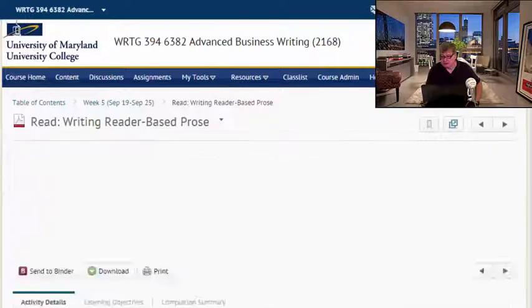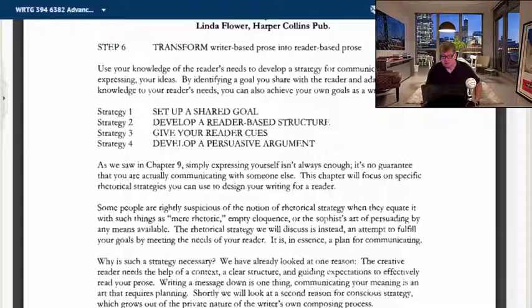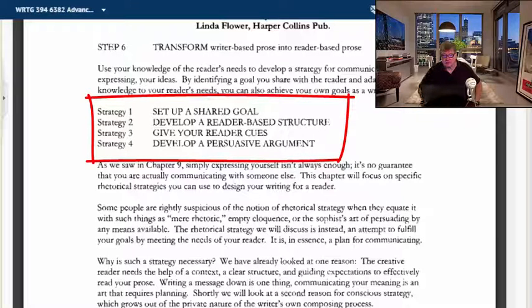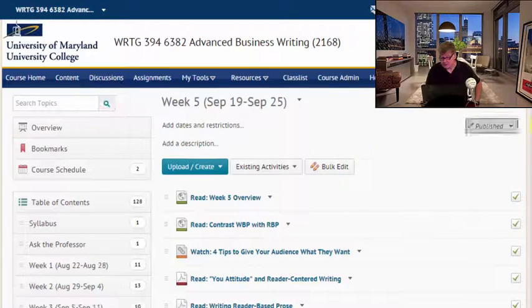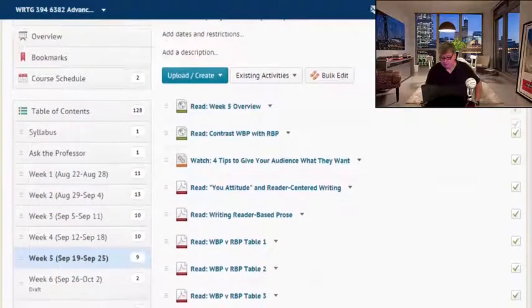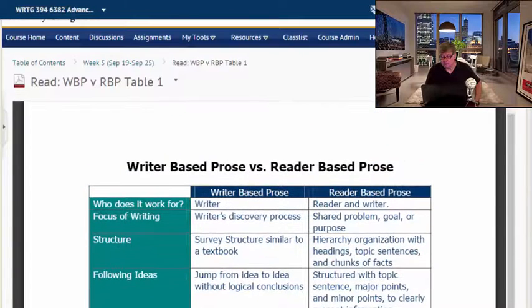Then comes the Linda Flowers PDF, and she focuses on these 4 particular strategies: set up a shared goal, develop a reader-based structure, give your reader cues, and develop a persuasive argument. Next comes a series of tables that have been done by previous students, but these tables do a really good job of outlining the differences between these 2 styles of writing.